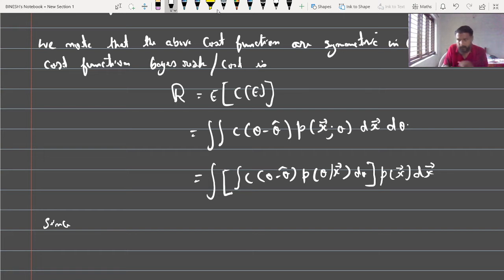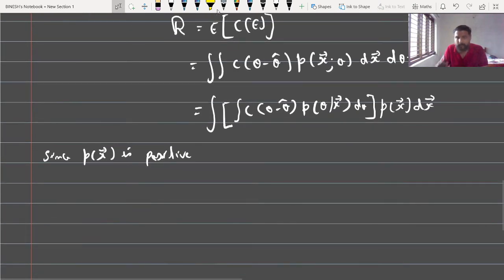Since P of x is positive, the risk R is minimized by minimizing the inner integral.